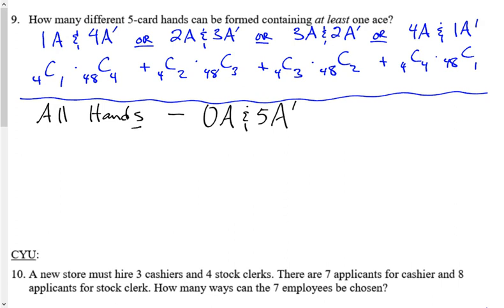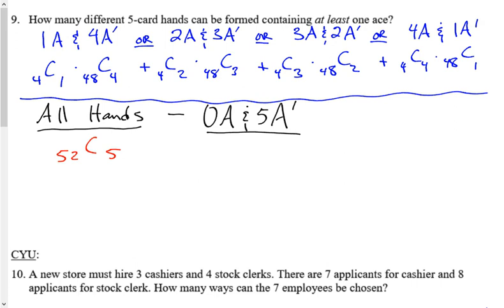So there's going to be less to calculate here. When we can find a quicker way to calculate, it's just more efficient, fewer places to make a little careless mistake. So it's a good idea if we can recognize this. So all the hands was 52 choose 5.